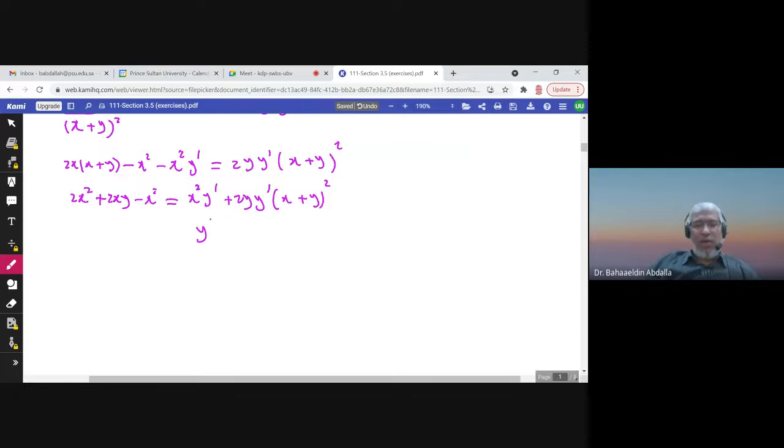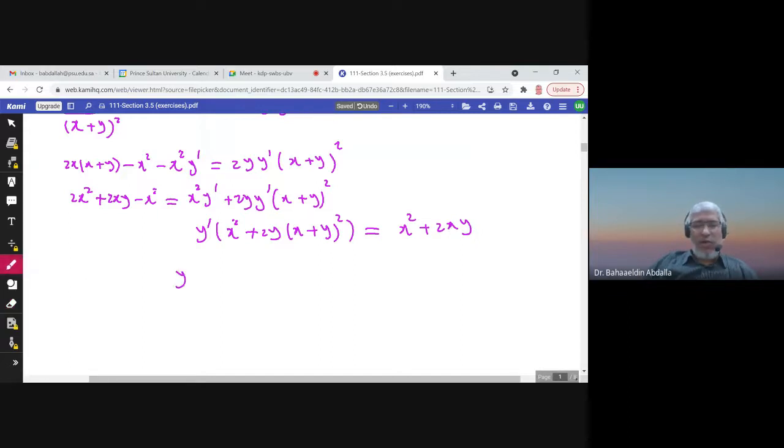And then I'll take y prime as a common factor from here. So I have x squared plus 2y times x plus y to the power 2 equals, I will write equal from here instead of from here. And I have on the other side 2x squared plus 2xy minus, well, 2x squared minus x squared is just 1x squared.